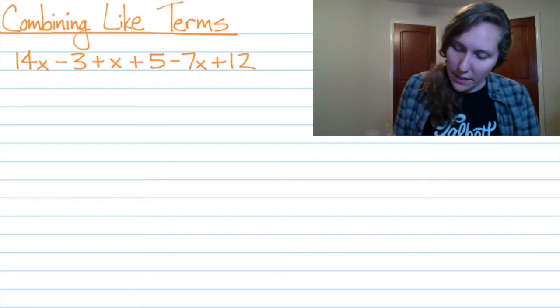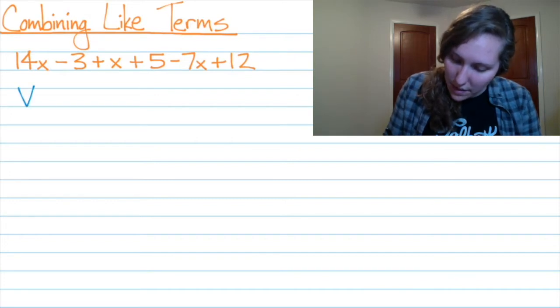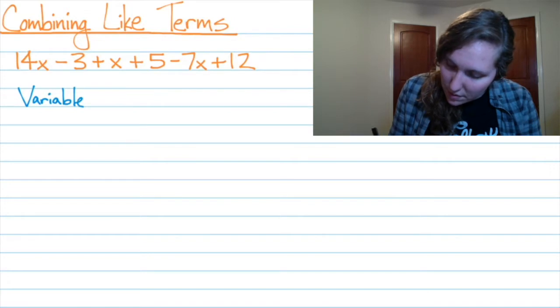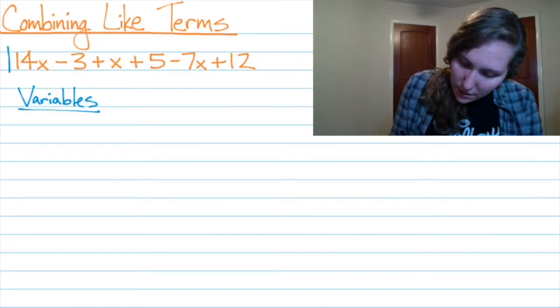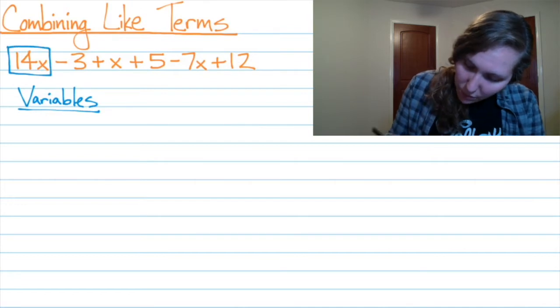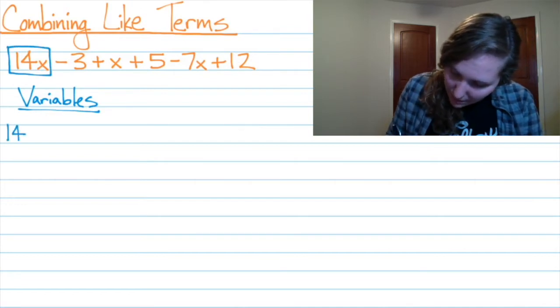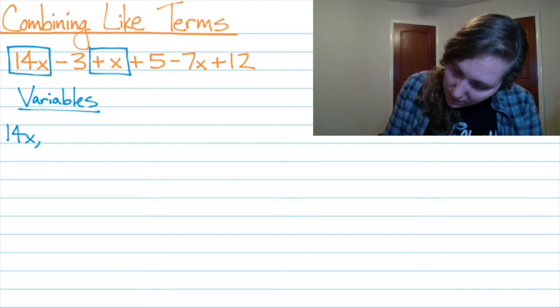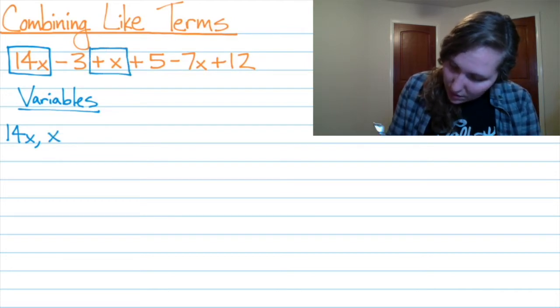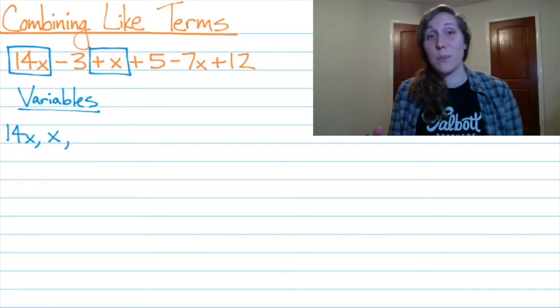So first, let's talk about the ones that have variables. And let's actually point those out. We have this one here, 14x. We have this one here. We want to always take the signs with them, because that tells us whether it's positive or negative.